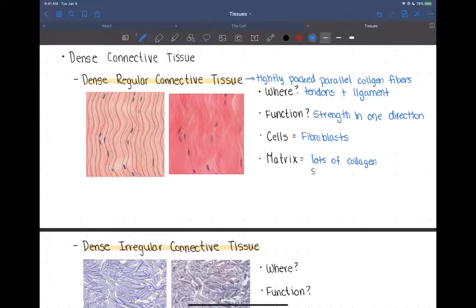And then it also has hyaluronic acid squeezed in between all of those fibers and cells. Not a lot of space for the hyaluronic acid, but there'll be some in there. Okay, so that's our dense regular connective tissue. We'll pick up with more dense connective tissues in our next video.